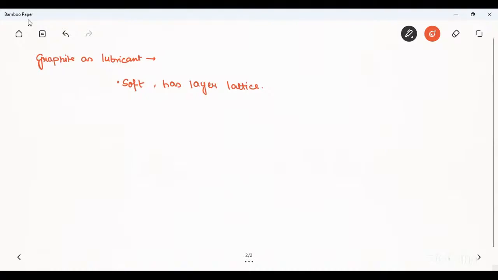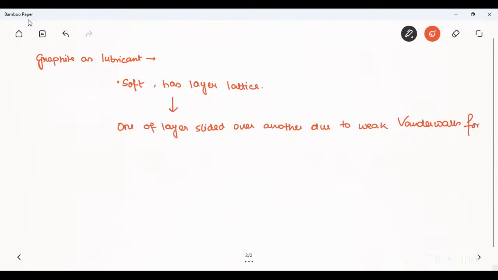So it has a layered lattice. Second point is one layer slides over another. Why? Due to weak van der Waals forces of attraction.